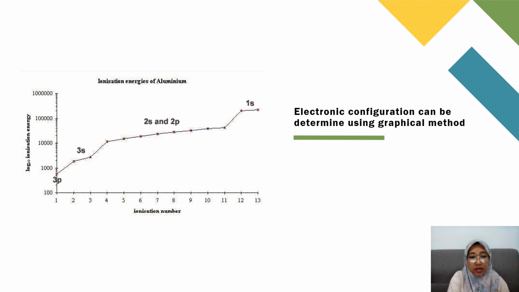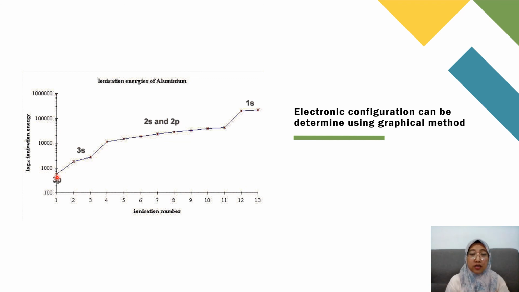Contoh yang kedua, ini adalah aluminium, 3p. Kita bermula dengan 3p sebab kita nak keluarkan elektron. Nak keluarkan elektron, kita kena ambil elektron yang paling terluar sekali, electrovalence, yang paling jauh daripada nucleus.